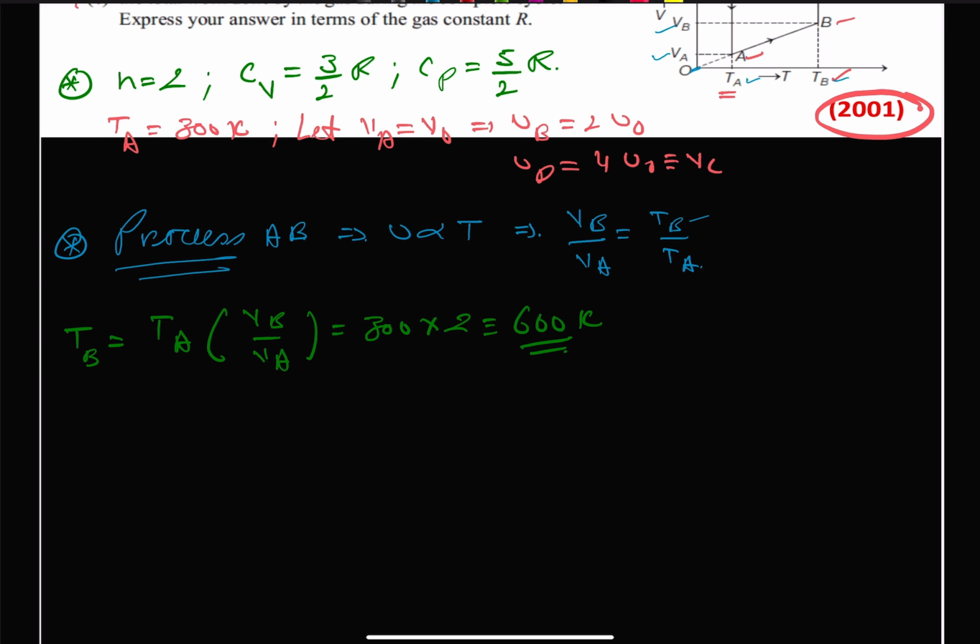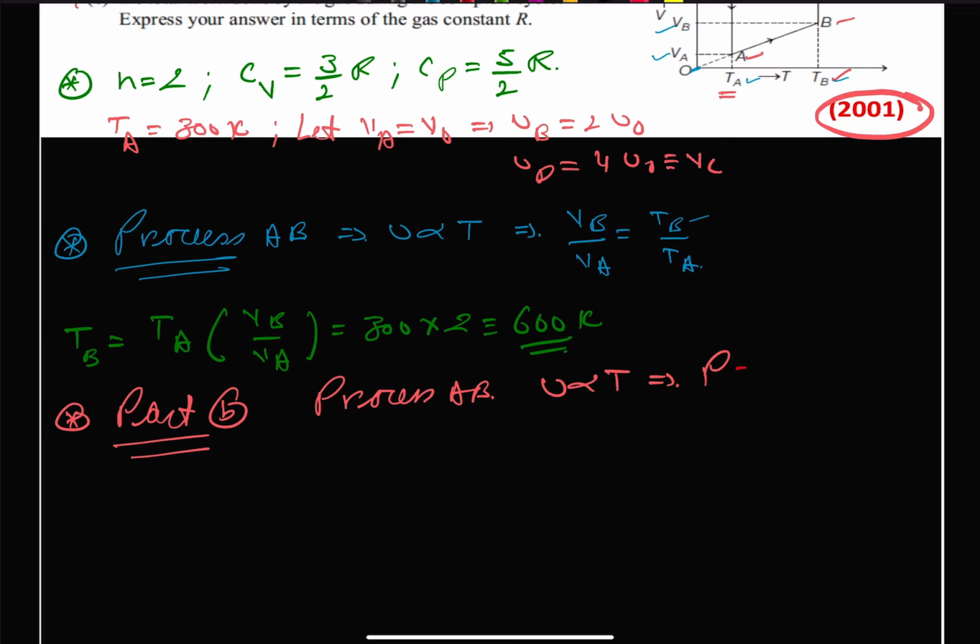So now we come to part B, and in part B we are once again going to consider process AB. Like we said, volume is directly proportional to temperature, so from here we can say that pressure is constant.